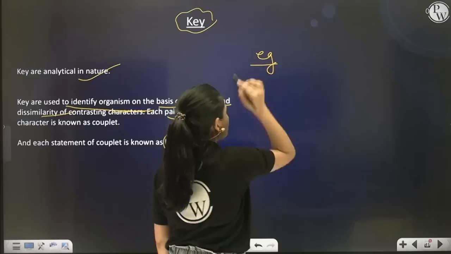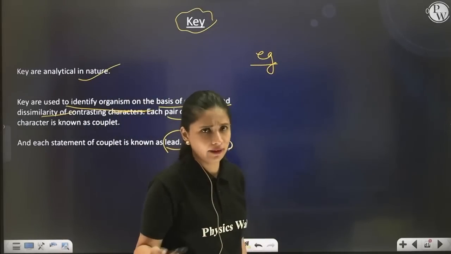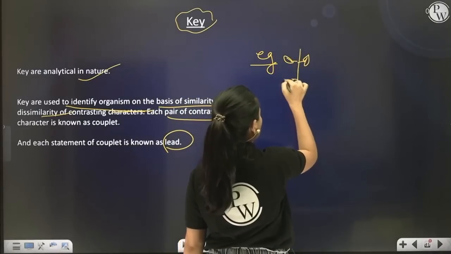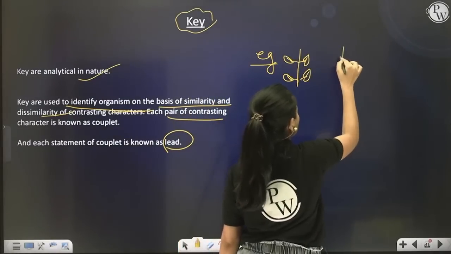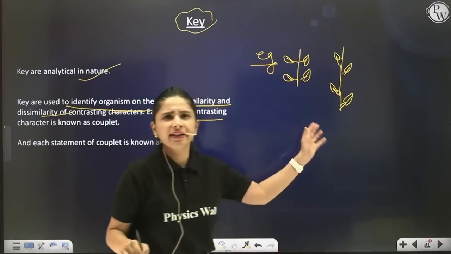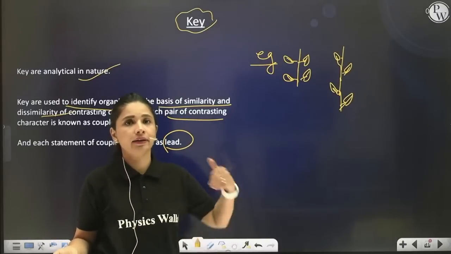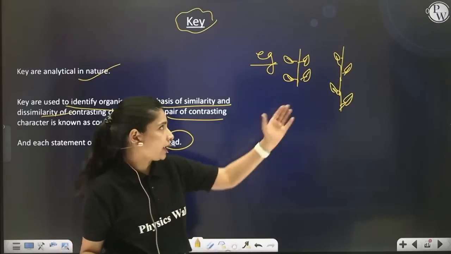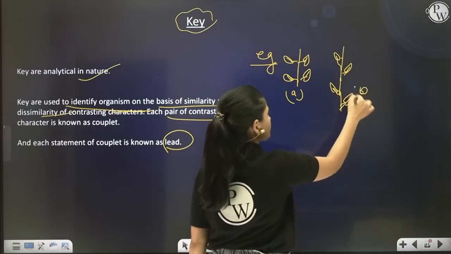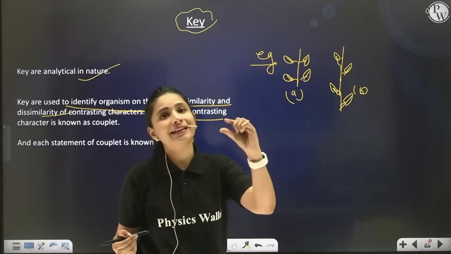See, for example, I have 2 specimens and I want to identify them. This is one specimen, this is another specimen. Suppose this is A and this is B. So how will I do it? In a key, there are sets of contrasting characters given.